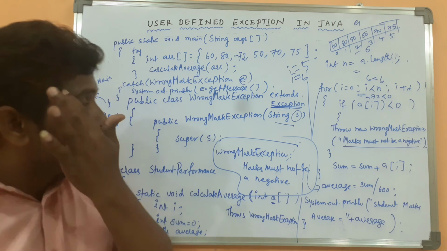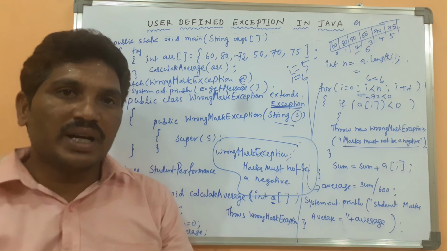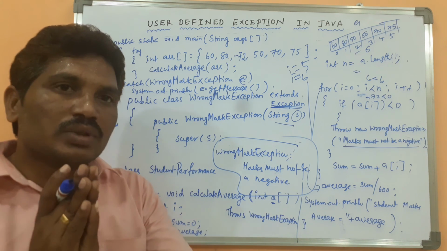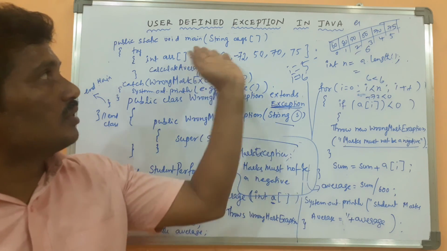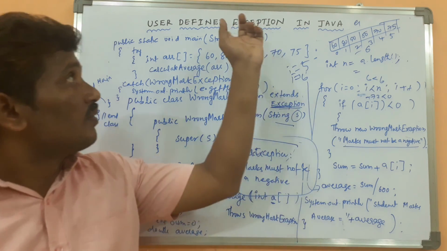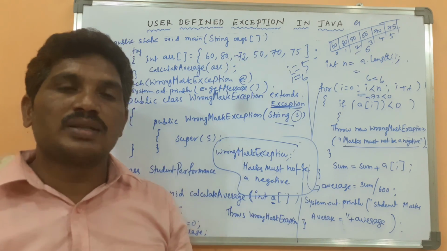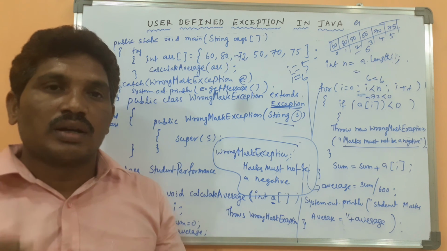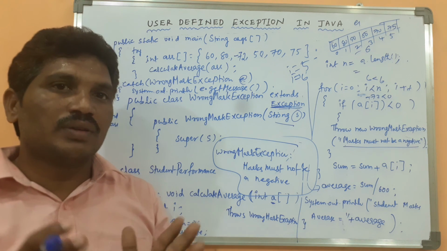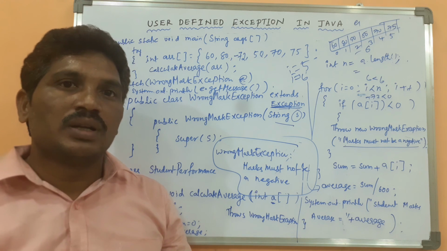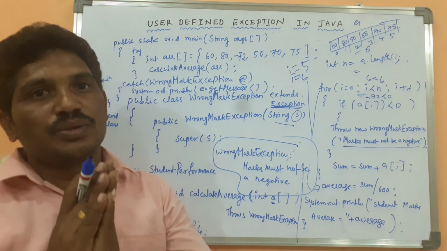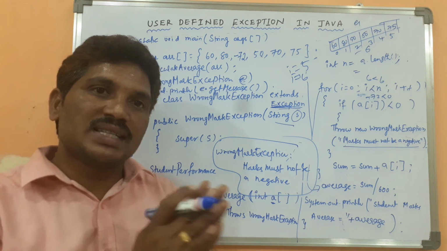Hope it is a simple example for the user defined exception. If you want more examples of user defined exceptions, just connect with me through the comment box. If you write the problem, then I will provide the solution. I hope it is clear.